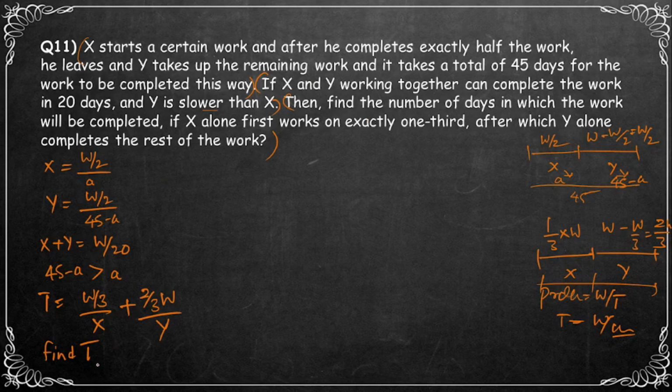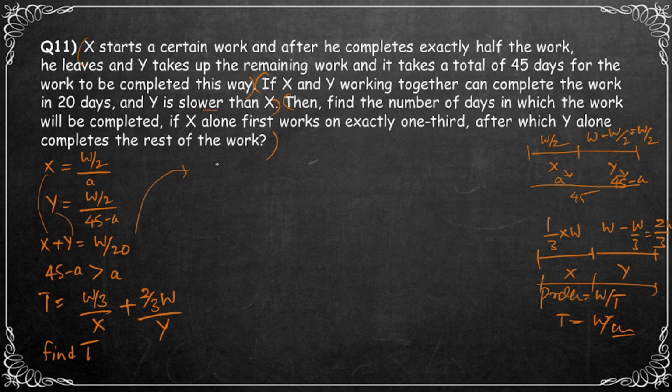We need to find t. Now to find t, we need x and y. In order to find x and y, we need to eliminate a. So we substitute x and y in this equation in order to form an equation out of a and try to solve for it.